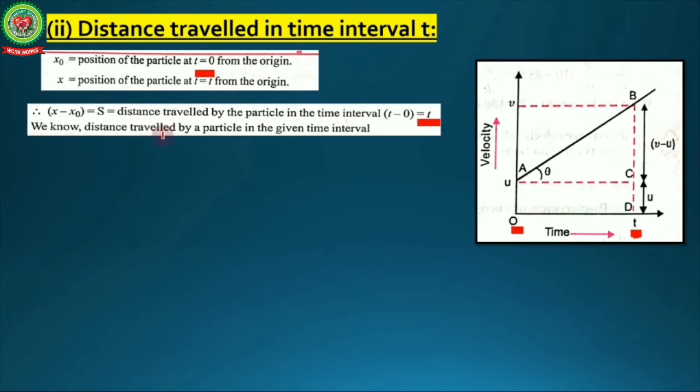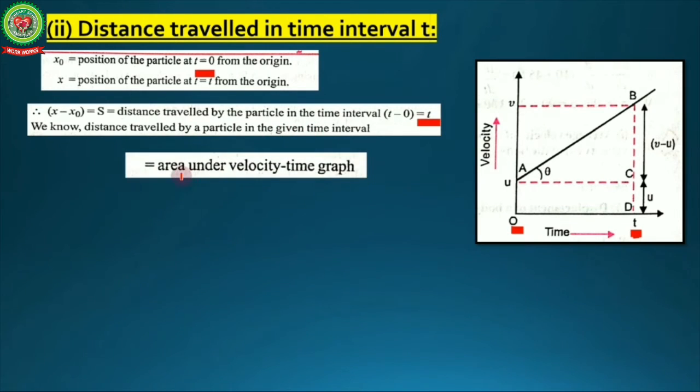We know that the distance traveled by a particle in a given time interval is given by the area under the velocity time graph. So we know that the area under the velocity time graph gives us displacement. So we have to find this area. So x minus x naught is equal to area OABD. So we have to find the area of this trapezium actually.